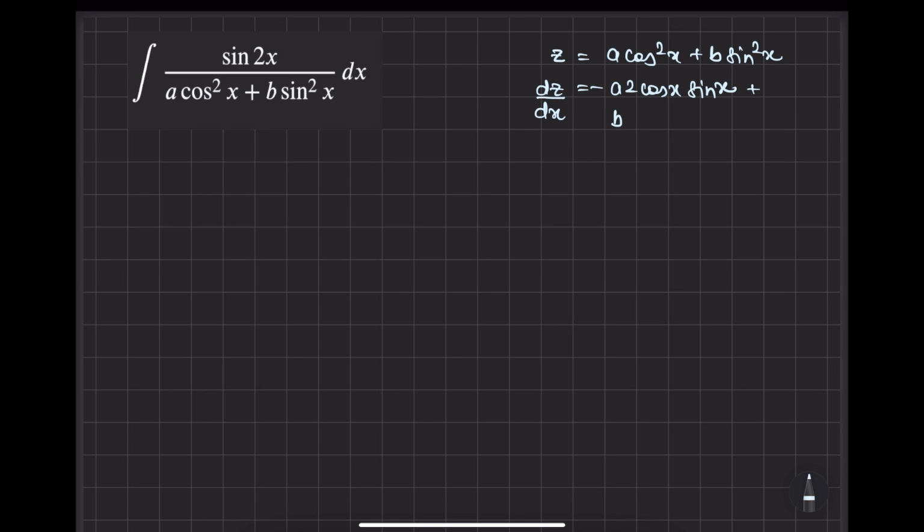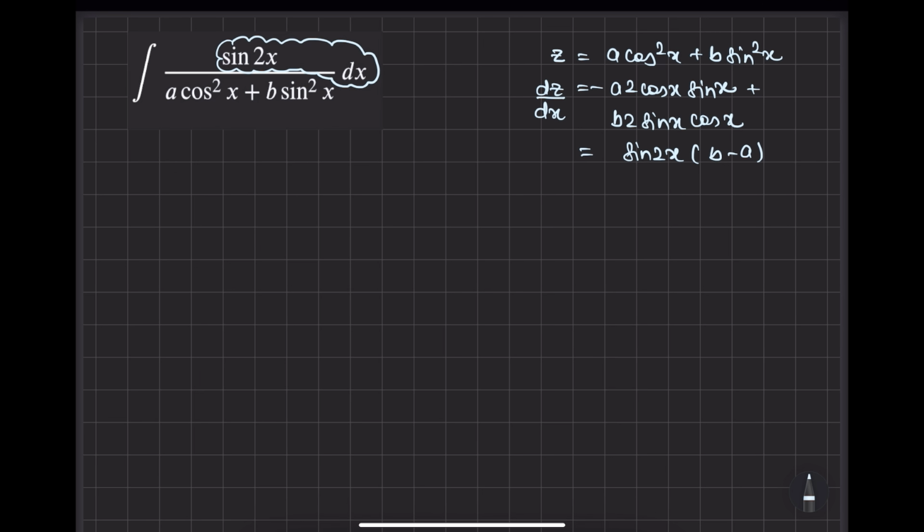So b is a constant, then we will have 2 sin x and cos x. If you observe, you have 2 sin x cos x common, which is sin 2x, and then we have b minus a, and you may observe that you have sin 2x with dx.